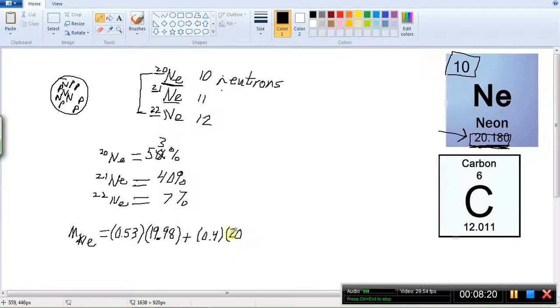So times the atomic mass of isotope neon 21, and maybe, like I said, it's not exactly normally, maybe this is like 20.99, plus neon 22 is 7%, so 0.07 times 22, so 21.97.